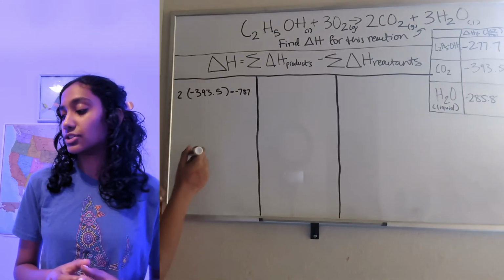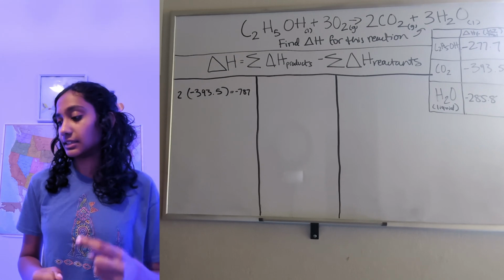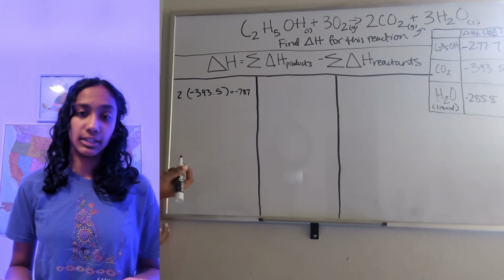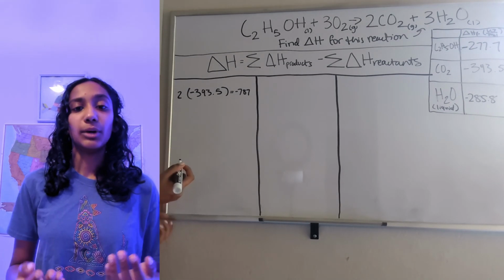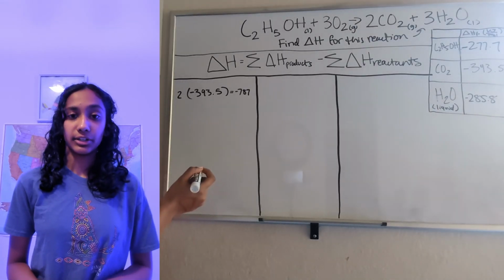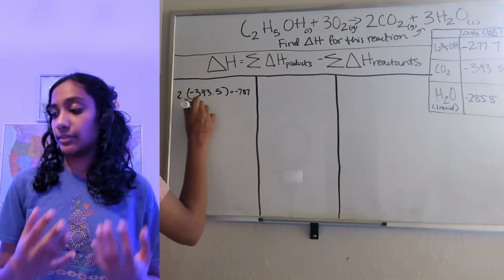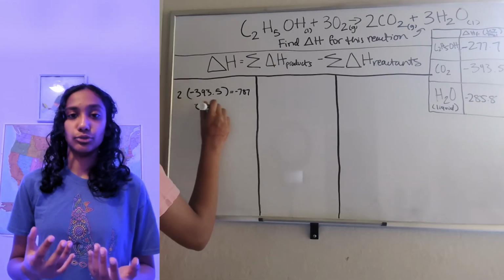Remember that the heat of formation only gives you the energy used or released for 1 mole of a substance. So, if an equation has more than 1 mole of a substance, you multiply it by its coefficient in the reaction. Now on to the other product, which is liquid water. Liquid water has a heat of formation of negative 285.8 kilojoules per mole.